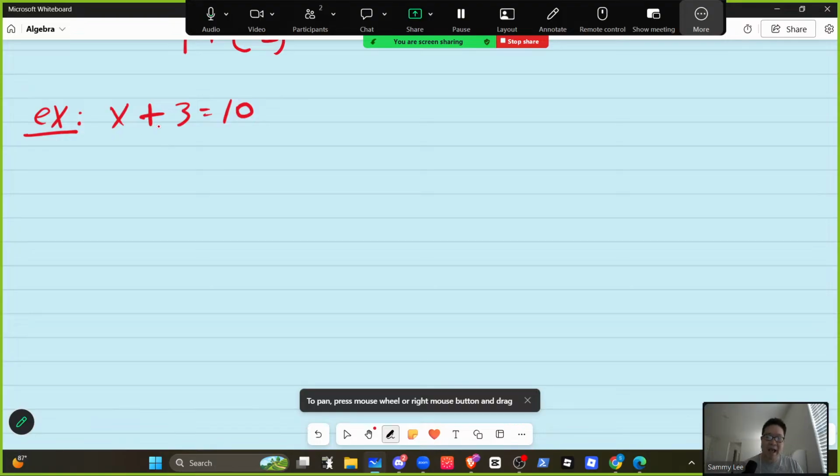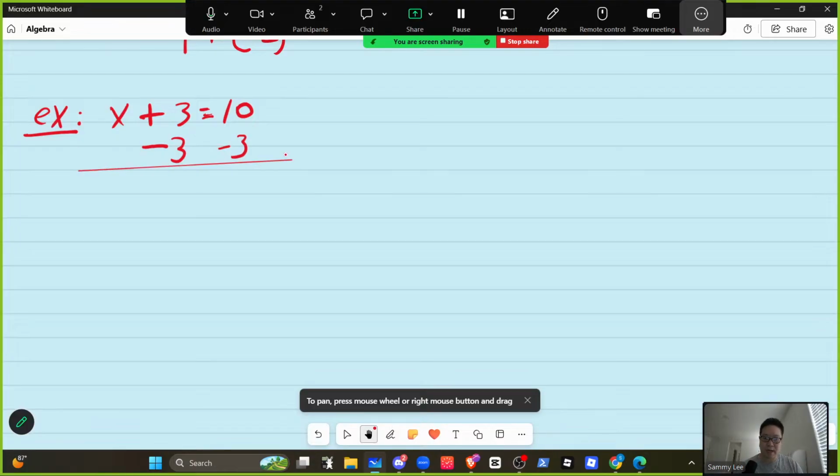Since we're adding 3 to x, the inverse operation would be subtracting 3. However, since we're doing it to one side, we're going to subtract 3 on the other side as well. We're isolating x, so we subtract 3 on both sides. That's what the addition property of equality tells us.